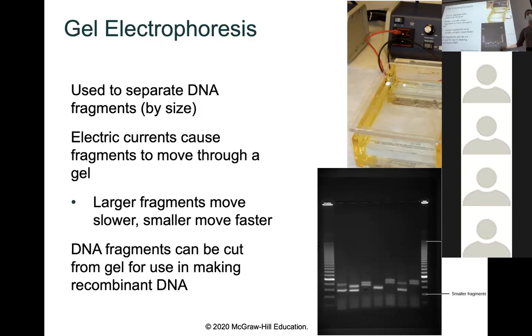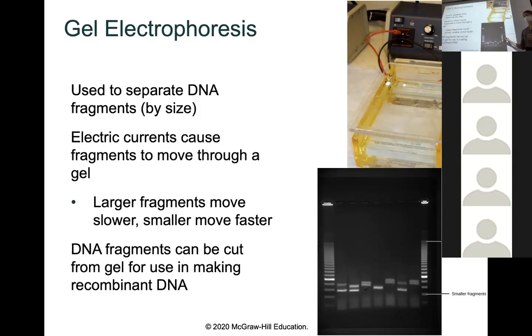So you can't tell a whole lot about it, but you can at least tell what the big sections are, what the small sections are, just based on where they land. The bigger sections are going to move a lot slower just because they're heavier. And then the smaller segments will move faster. So if you run it for, say, 20 minutes, an hour, whatever, the smaller fragments will move a lot further down towards the positive pole.